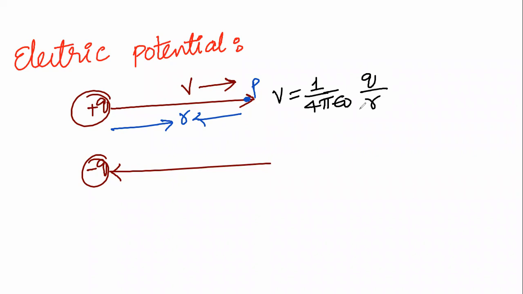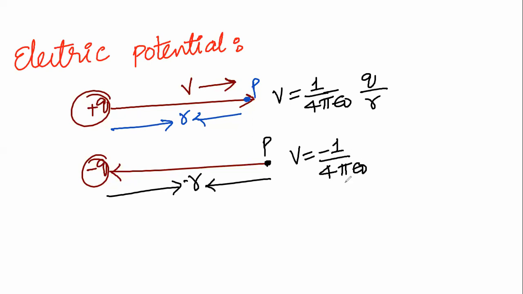This is the electric potential at a point P due to the charge Q. Then the electric potential due to a negative charge at point P, at a distance r from it: V is equal to 1 by 4 pi epsilon naught into Q divided by r. r square won't be there, only r.